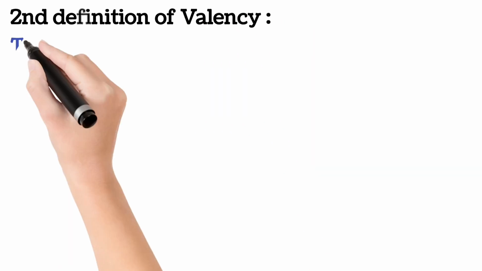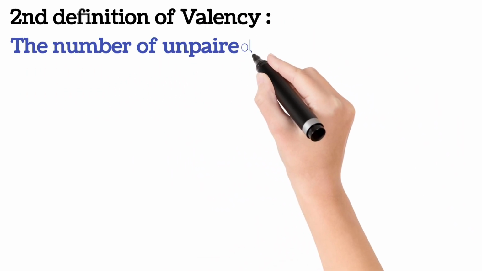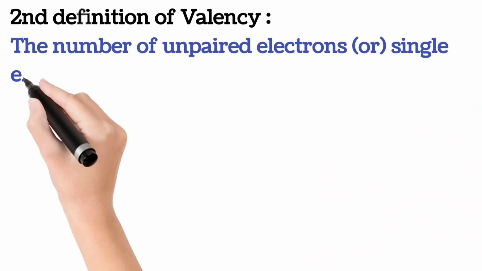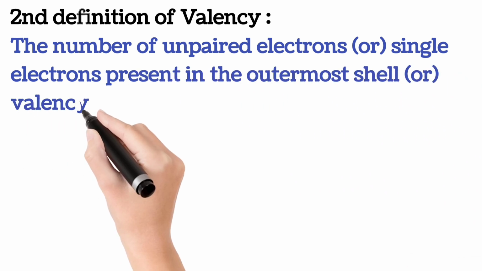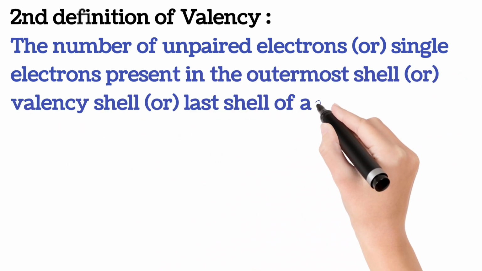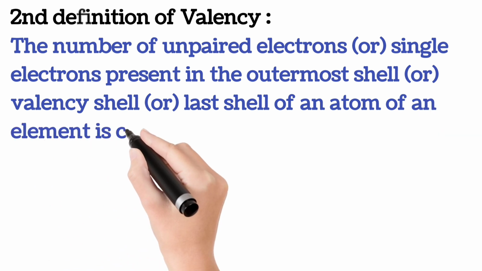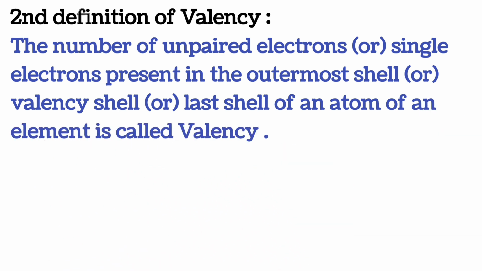Now, the second definition: the number of unpaired electrons, or single electrons, present in the outermost shell, or valency shell, or last shell of an atom of an element, is called valency.